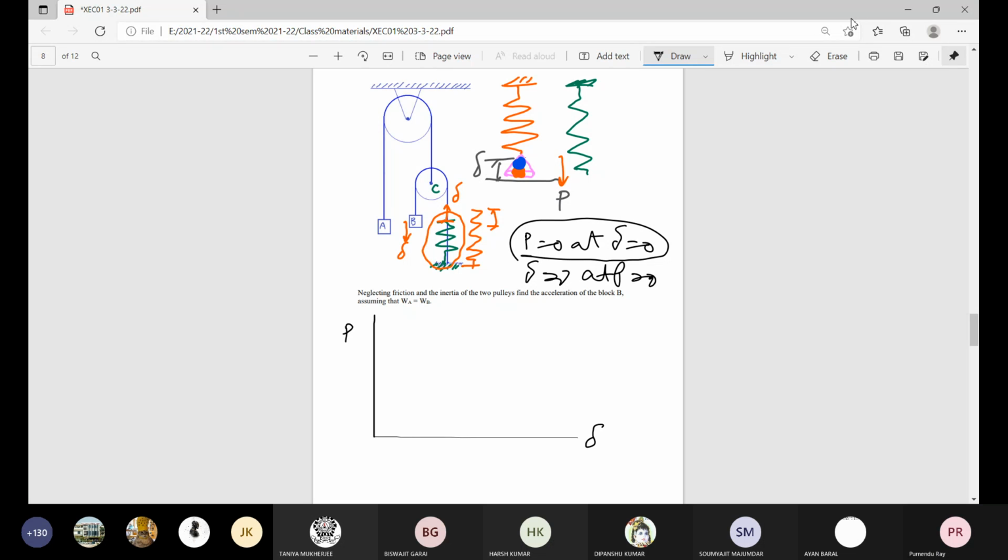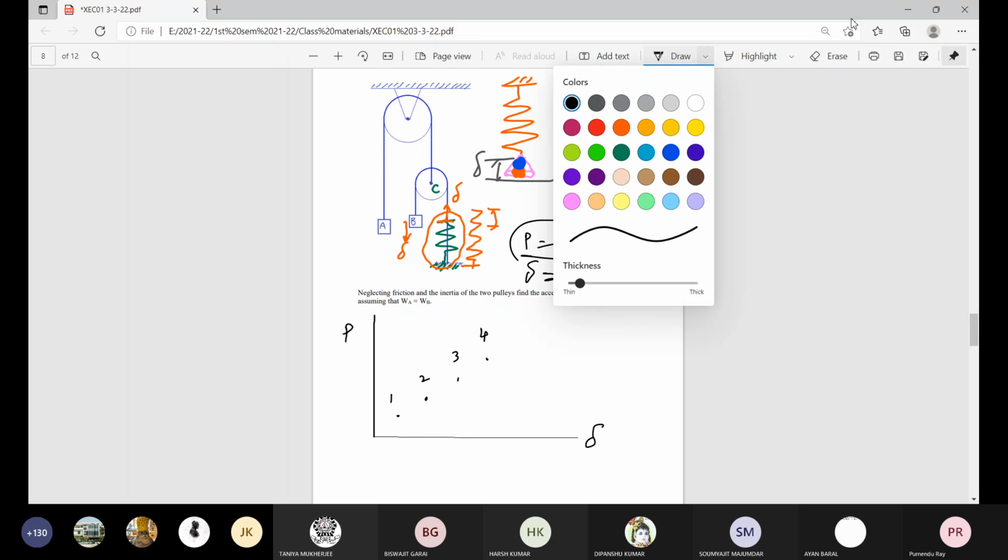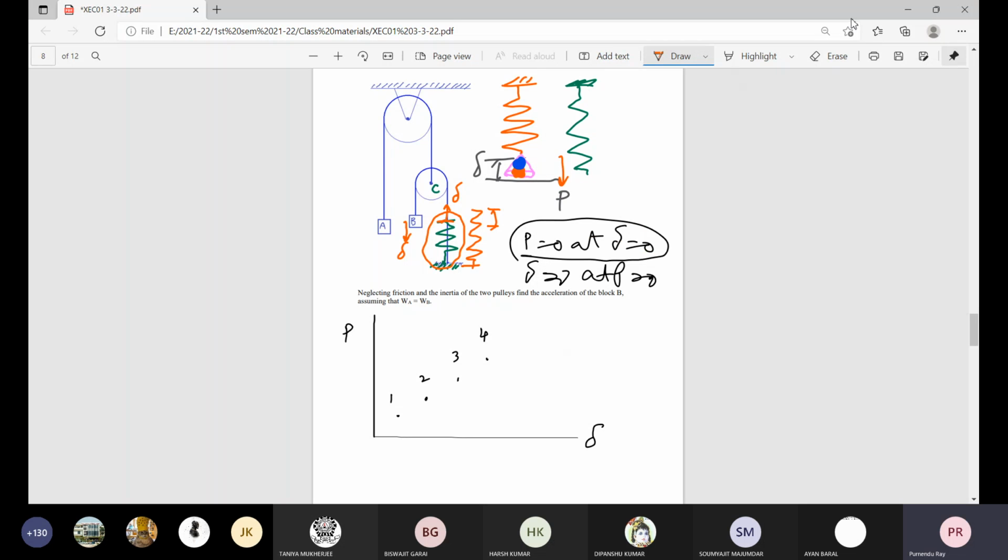So suppose the values are P1 delta 1, P2 delta 2, P3 delta 3, P4 delta 4, etc. And if we are lucky enough, then we can get this type of relation by simply connecting with a straight line.